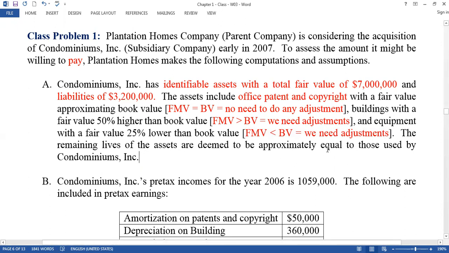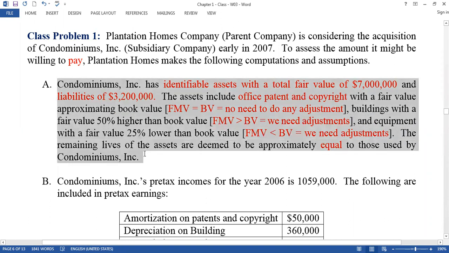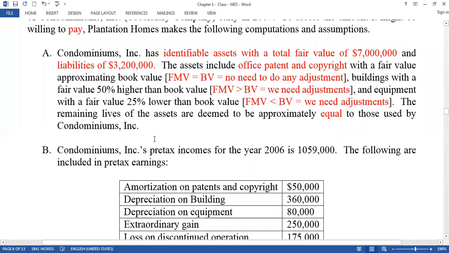Equal means the fair market value and the book value are similar. If they are equal, we don't need any adjustment, right? So they say their other assets are equal, so we don't need any adjustment for this part. So these are the things we should consider.